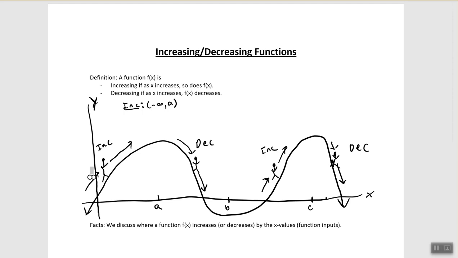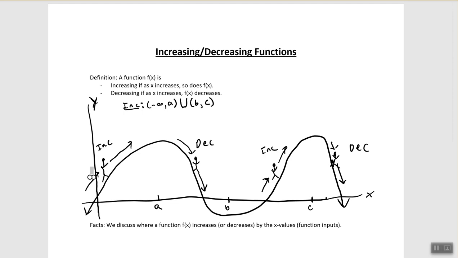Then I'm walking uphill again from B, so I'm going to put a soft bracket for B, until I reach that location at x equals C. And since I'm doing it on both of these intervals, I'm going to put a U between these intervals. U means union. It's happening in both these locations.